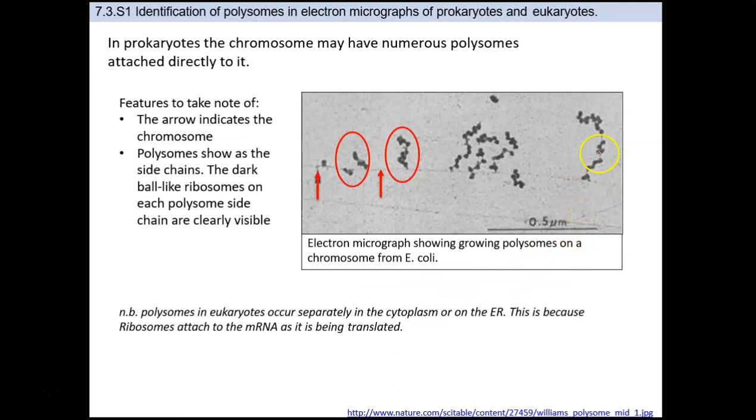So these would be multiple polysomes. Each of them is a ribosome complex that has been attached to an mRNA, showing growing polysomes on a chromosome from E. coli.